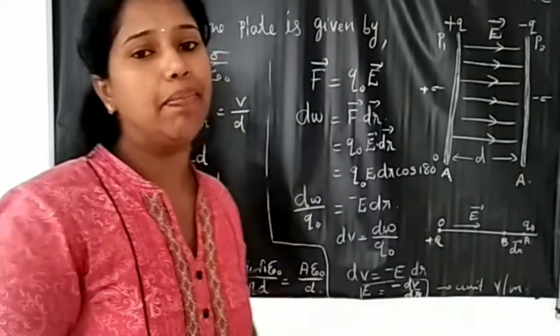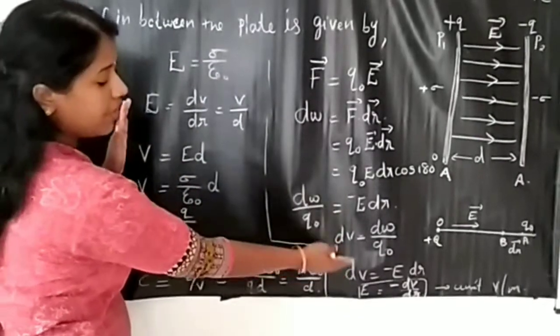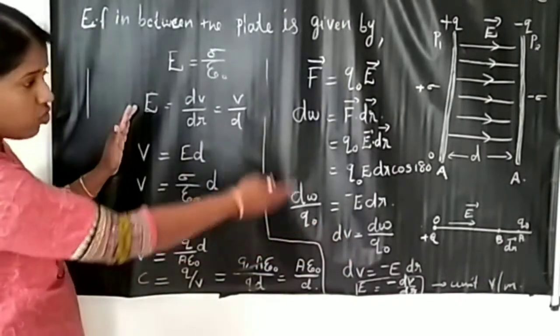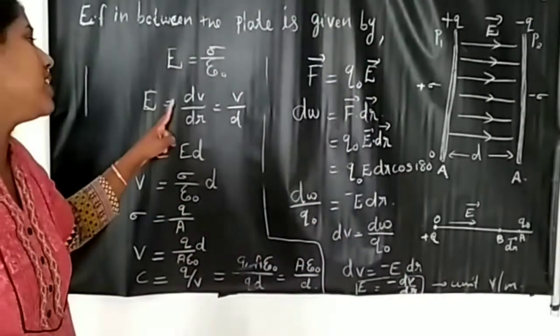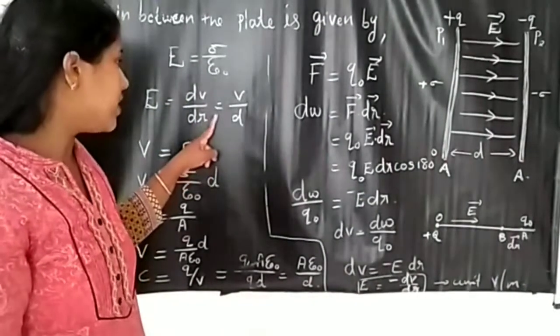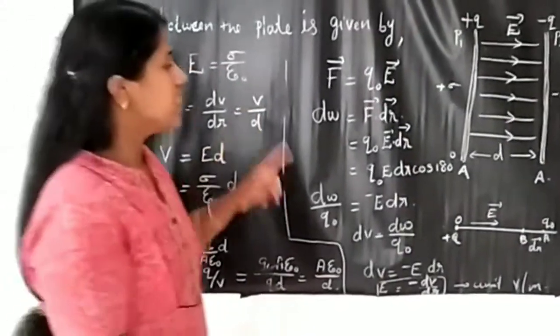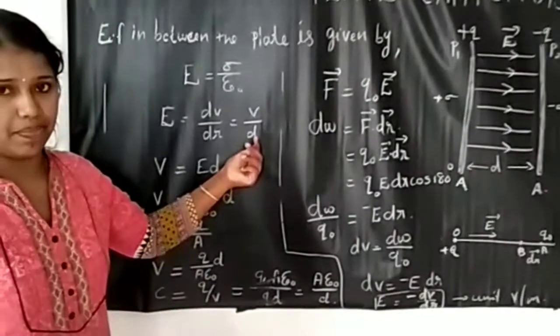That's why, in derivation, there is no need to write this expression in full. Directly we can use electric field E is equal to dV by dr, that is V by D. Instead of dr we can use D, the distance.